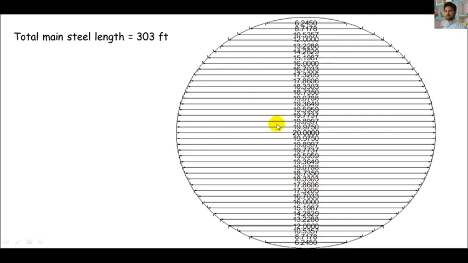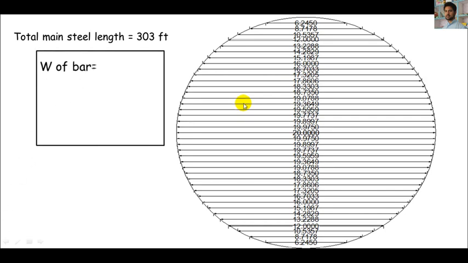So now I'll calculate the weight, how much steel is required for main bars. And the weight is quite simple, straightforward. I'll use the same formula I always use, which is d squared divided by 52.9. This will give you the weight of steel per feet in kg. When you multiply this with length, this will give you the weight of all the steel. So plug and check in. You must get W equals d squared, which is 4 squared, divided by this. Why 4?